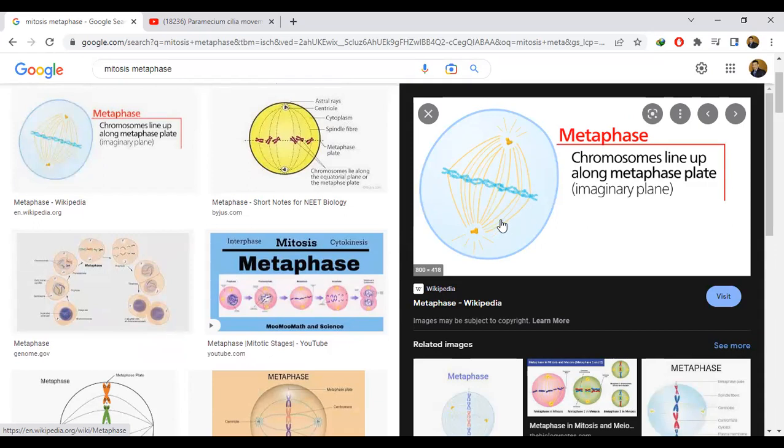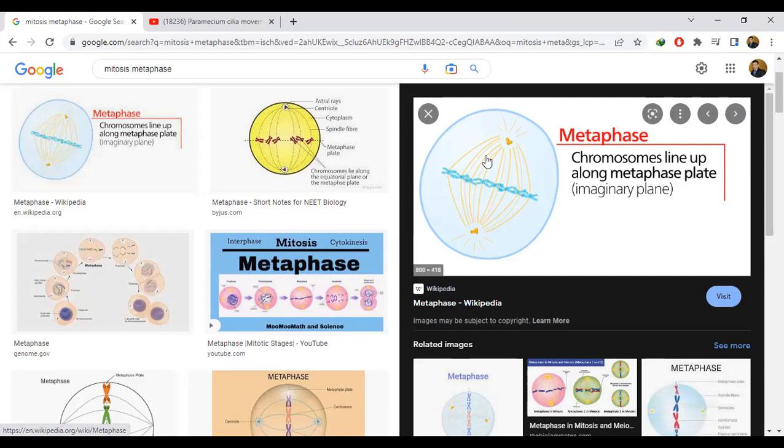They are made of microtubules. They are here to separate the chromosomes. What is the use of these spindle fibers? To separate the chromosomes.